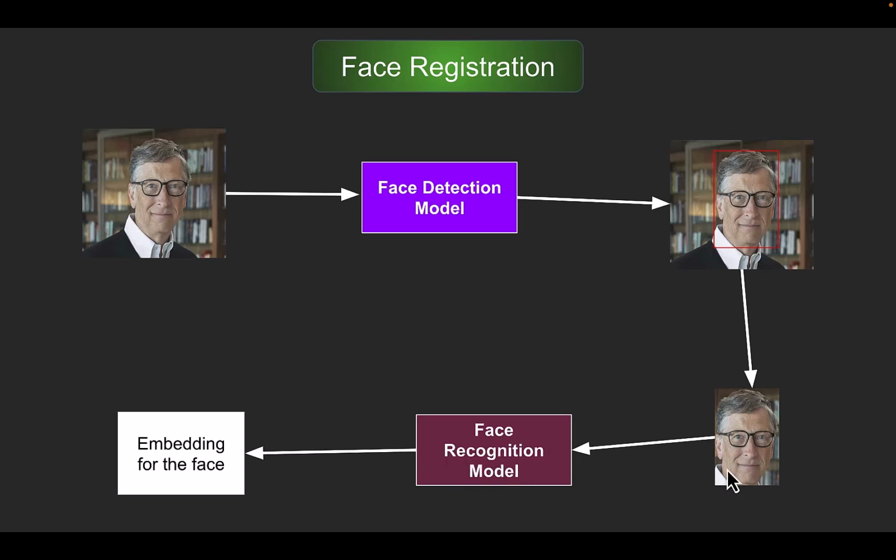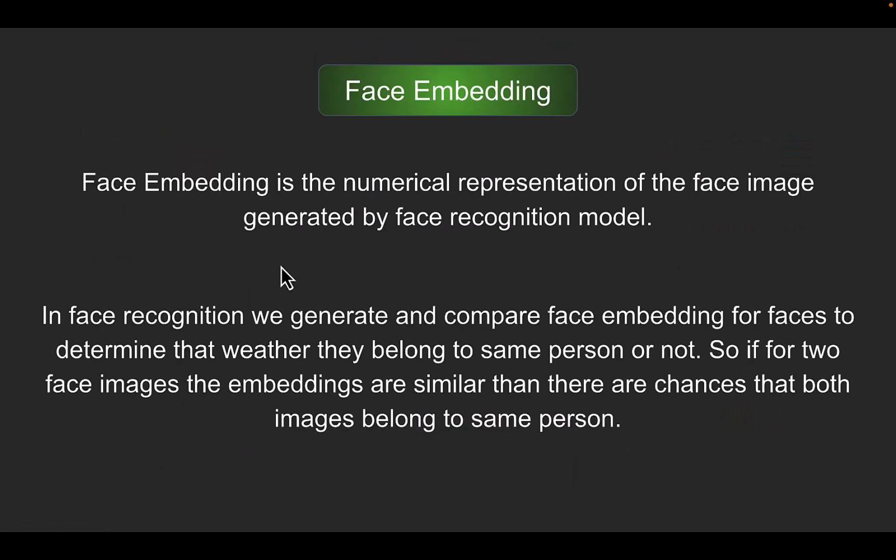When we pass this cropped face to our face recognition model, it will return a float array representing this face. And this float array is called the face embedding. So a face embedding is a numerical representation of a face image generated by a face recognition model.